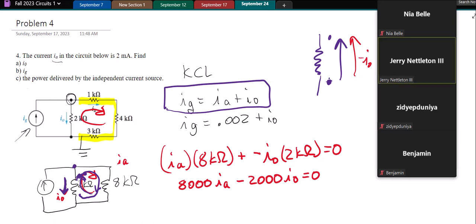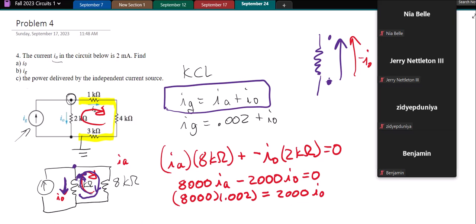Okay, thank you. You're welcome. Okay, so I think this is going to be not so bad because I know what IA is. IA is 0.002. And that has to equal 2000 I0.